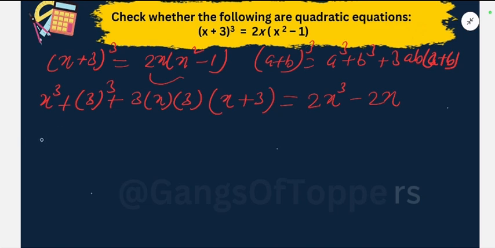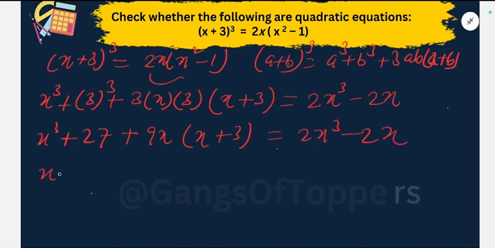Okay, let's simplify it. x cube plus 3 to the power 3 is 27, plus 3 threes are 9x into (x plus 3) equals 2x cube minus 2x. x cube plus 27 plus this will become 9x square plus 27x equals 2x cube minus 2x.